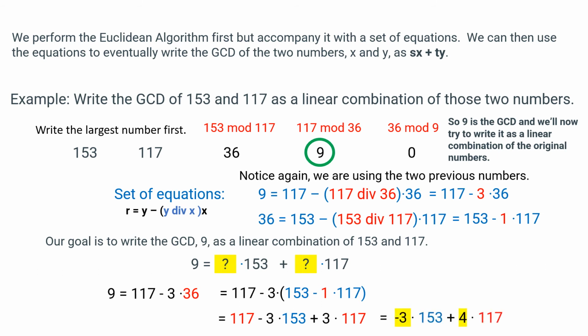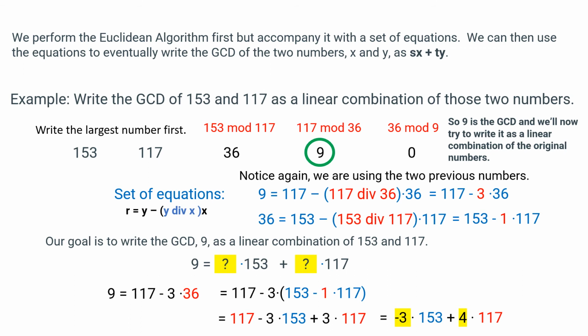So that means we have 4 of the 117s. And how many 153s did we have? We had -3 of them. So hopefully you see now that we have written 9 as a linear combination of those two original numbers. -3 is the S and 4 is the T.